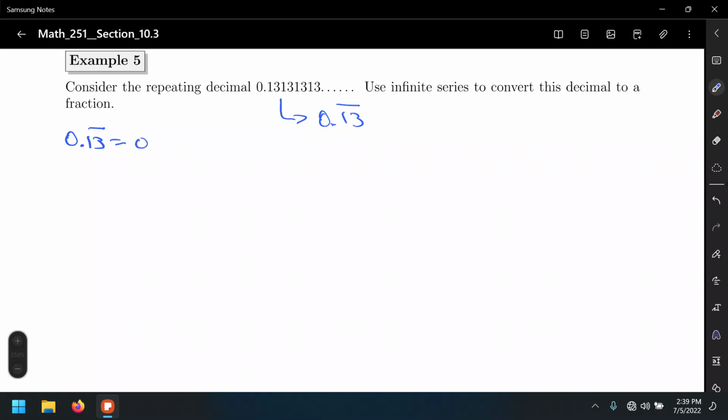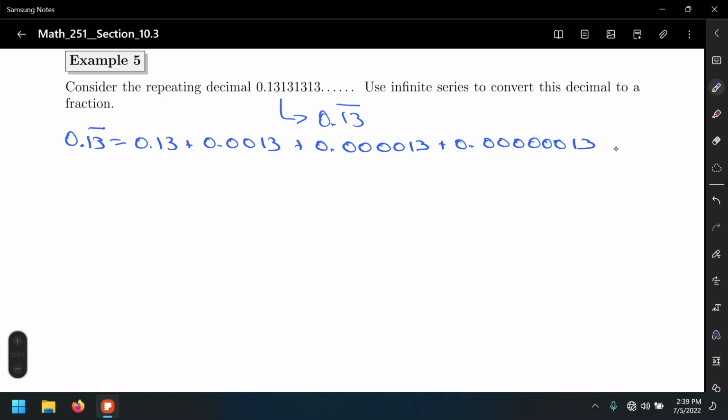So this is 0.13 plus 0.0013, that's the first repeated 13, plus 0.000013, another couple of zeros, 13, plus 0... and so on.